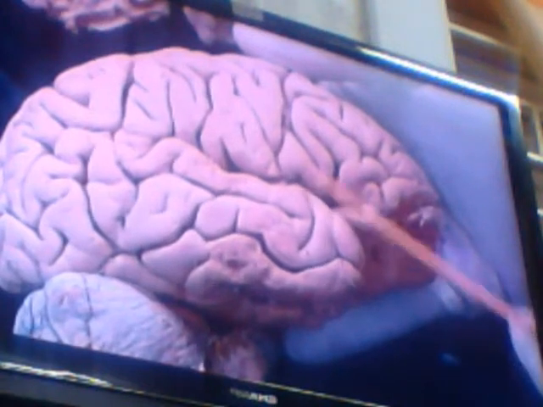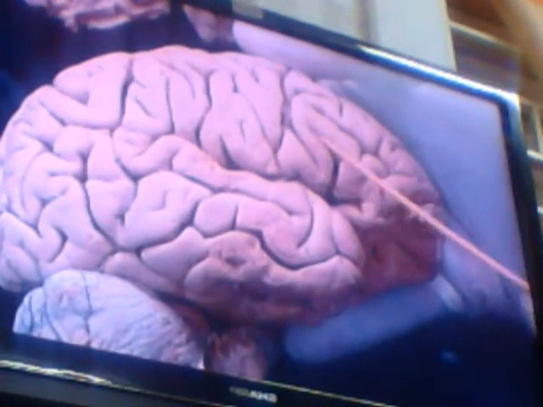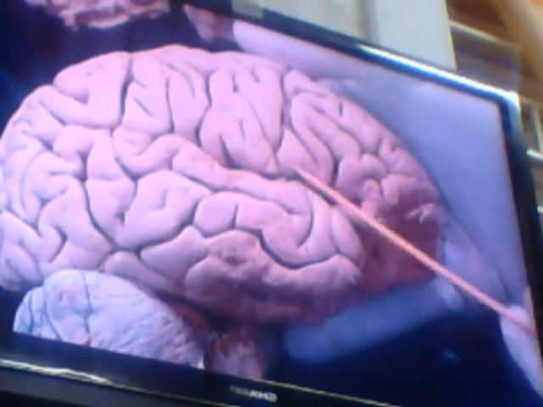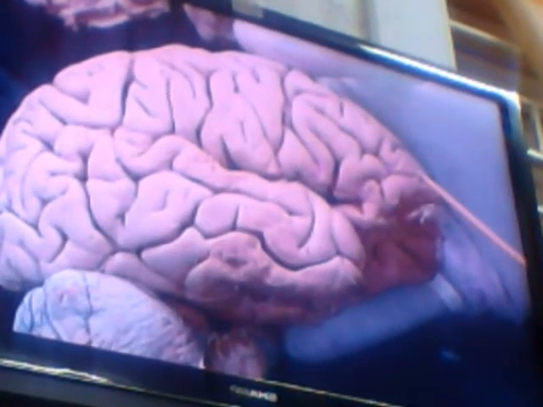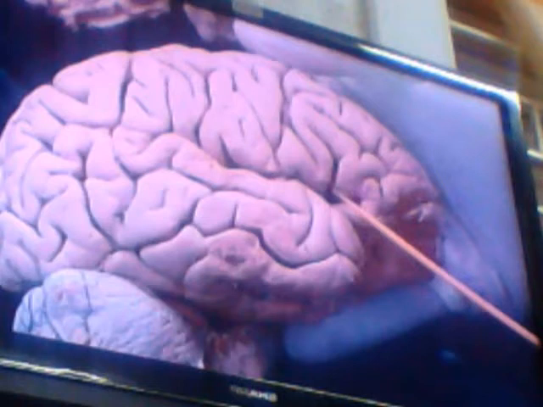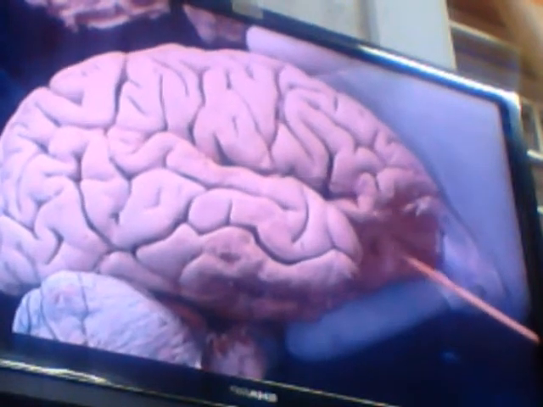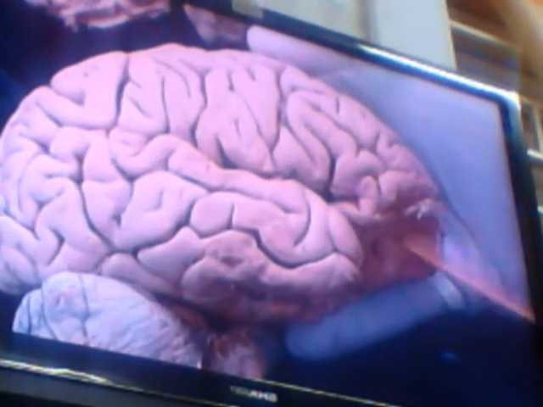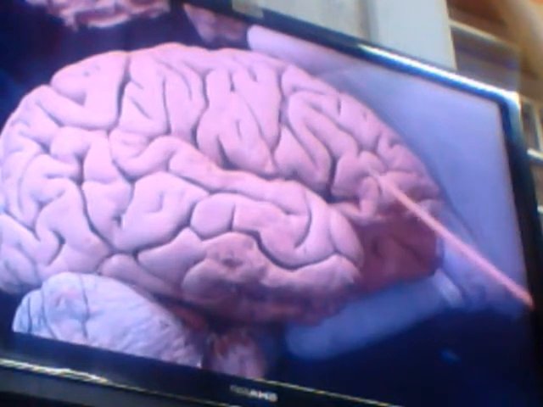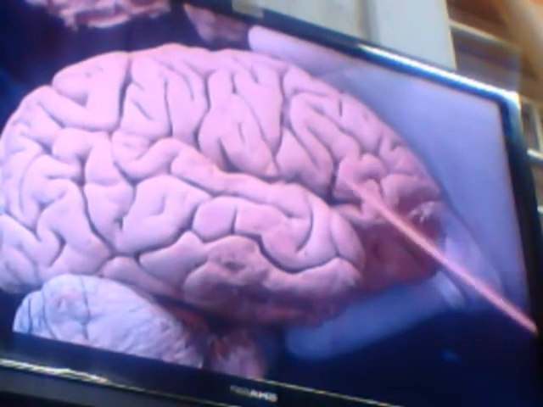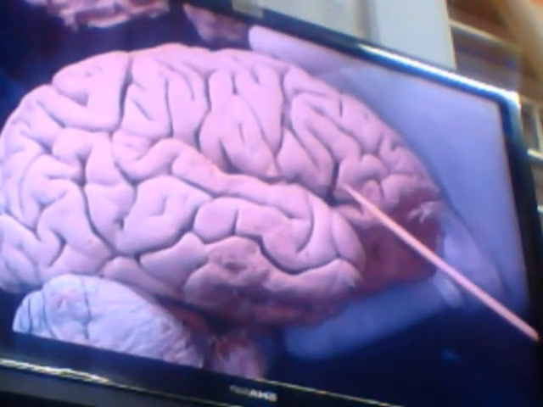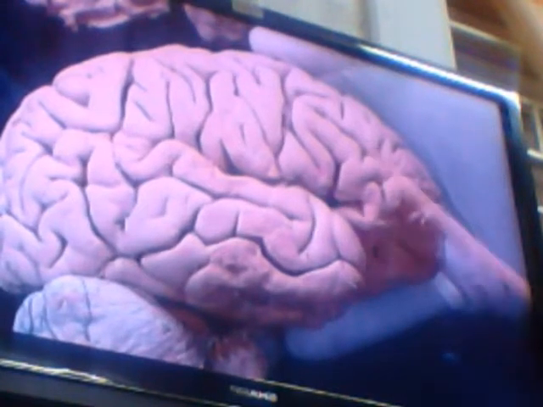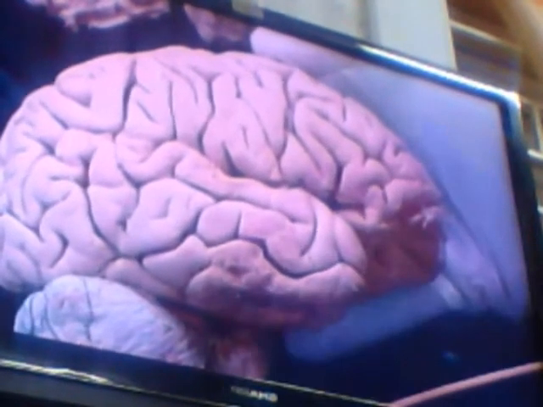That is going to give rise to these little projections here, which are referred to as part of the operculum. So we can have a pars orbitalis because it's related to the orbit, pars triangularis because it might look like a little triangle, and pars opercularis because they function like columns.